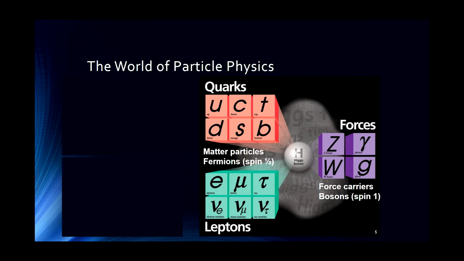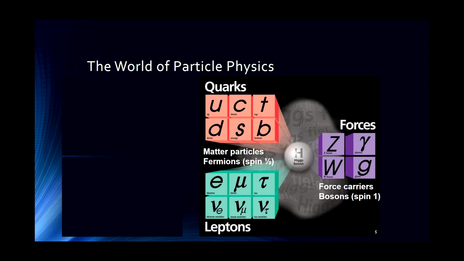In this table, you see the labels U and D, C and S, T and B. Those are the names that we give to the quarks. The first ones are kind of prosaic. The U stands for up, the D stands for down. On the next level, to the right of that, you see C and S, which stand for charm and strange.